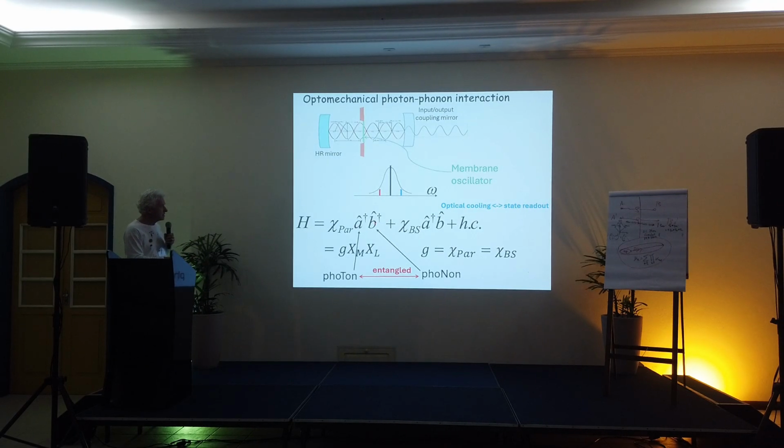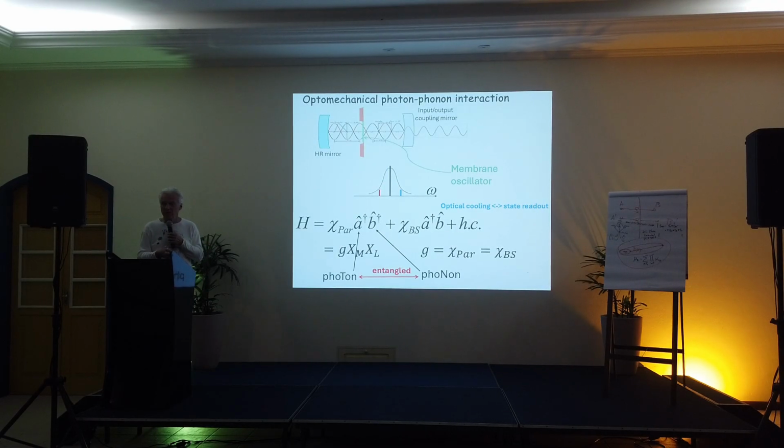Because it's like a dagger b dagger plus a dagger b plus Hermitian conjugates. You can rewrite it and you will get the x of mechanics times x of light. Wonderful. So by simply moving the laser resonance with respect to the system, you can implement any kind of bilinear Hamiltonian that we talked about.